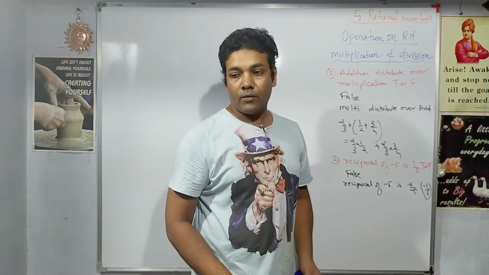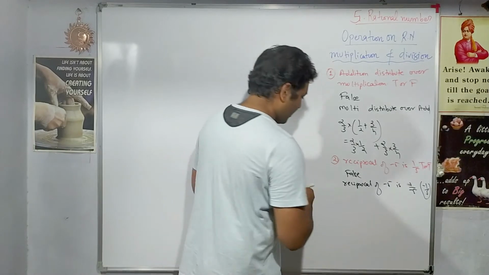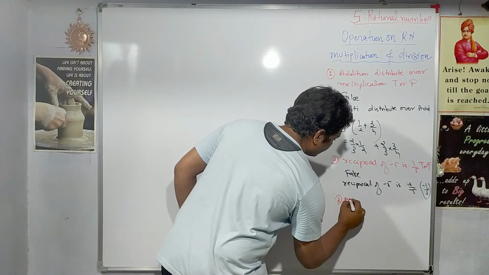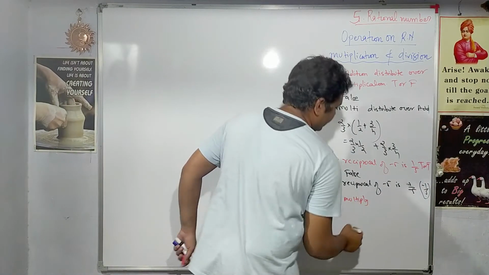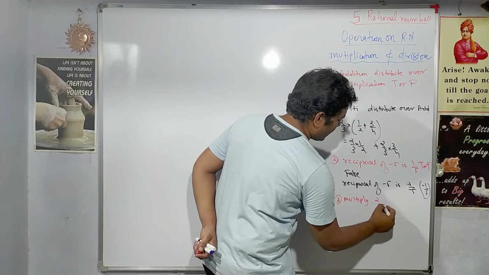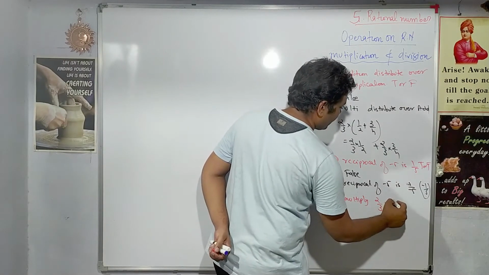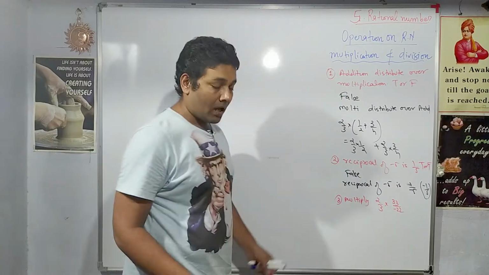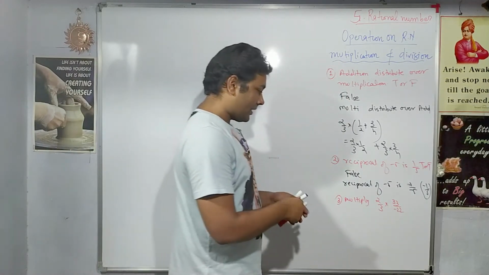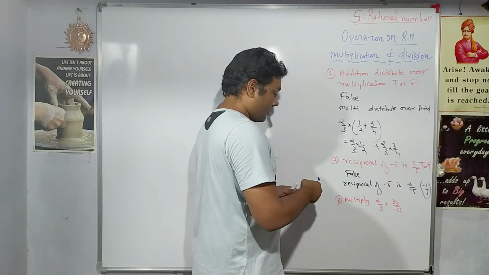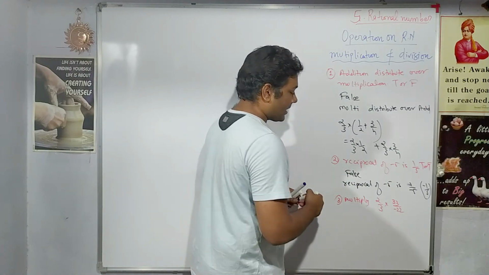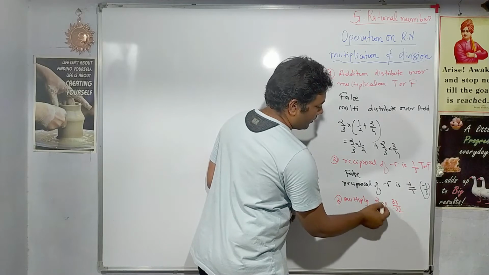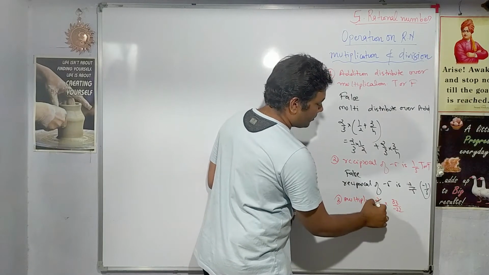Then the next question we have is to multiply. Question is 2 by 3 multiplied by 33 upon minus 22. How will you solve this? Very simple, right? You have to do multiplication. So step 1, if there are any common factors, then you reduce them.